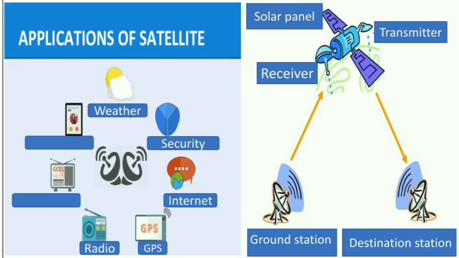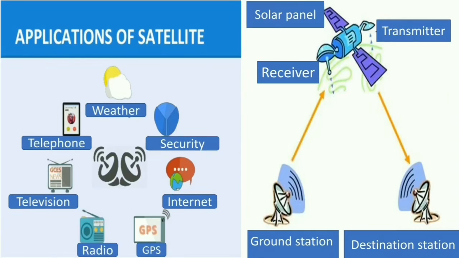Radio signals on which we enjoy different types of songs and other knowledgeable programs are also the gift of satellite. Television, which you enjoy with your family, sitting all together under one roof and having fun, is also one of the applications of satellite. Telephone makes you communicate with another person sitting a long distance away from you.